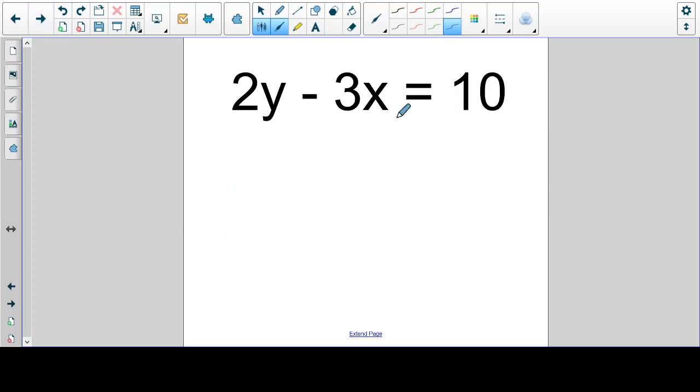And the last one is in the other form, so we need to rearrange this to see it as we want it. Giving us our gradient. Our y-intercept.